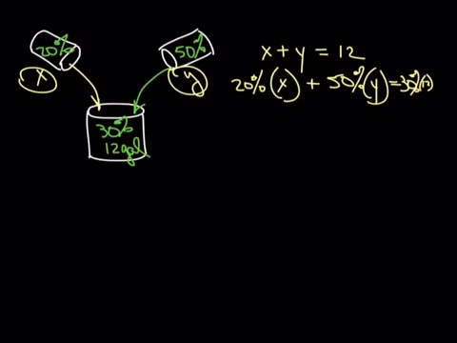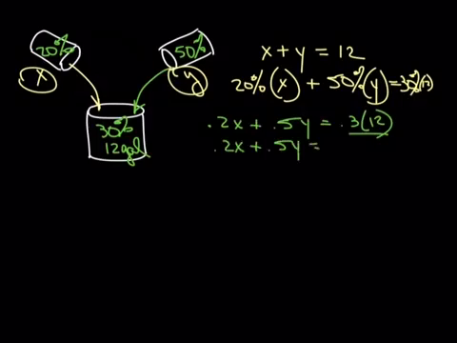So let's change our percentages to decimals. All right, so let's go ahead and multiply those before we do anything else. 0.3 times 12 would be 3.6.